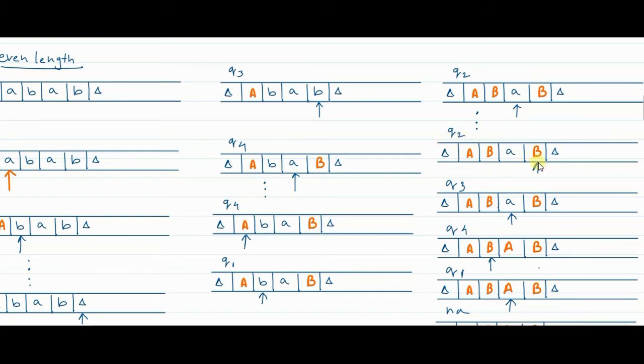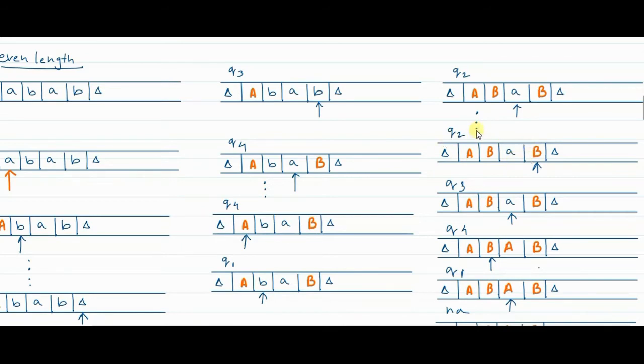It means we have reached a place where the element has already been marked. Correct? So we have to now move one place to the left. Correct?